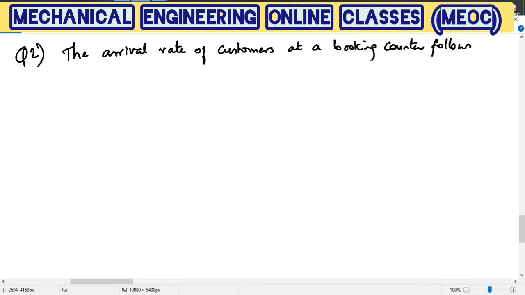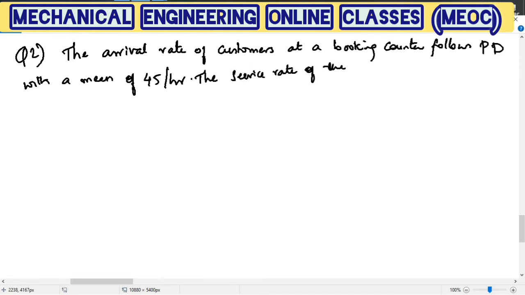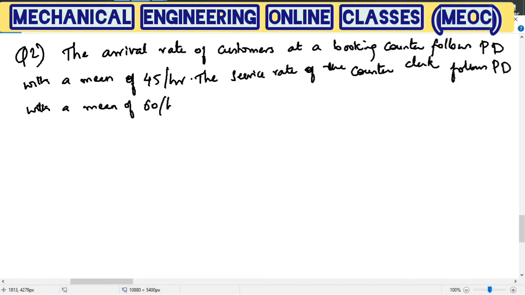So the question where we use the probabilities goes this way. The arrival rate of customers at a booking counter follows Poisson distribution with a mean of 45 per hour, and the service rate of the counter clerk follows Poisson distribution only. So service and arrival both are following Poisson distribution, and the service is happening with a mean of 60 per hour.